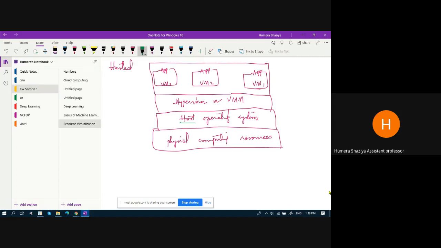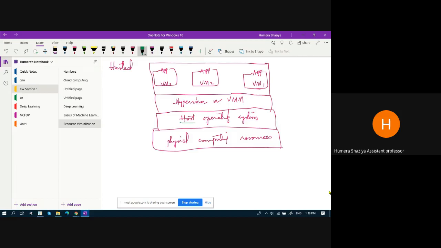It's not a physical environment in which a user is directly connected with the hardware. The benefit is that the host operating system supplies the hardware drivers for the underlying hardware.